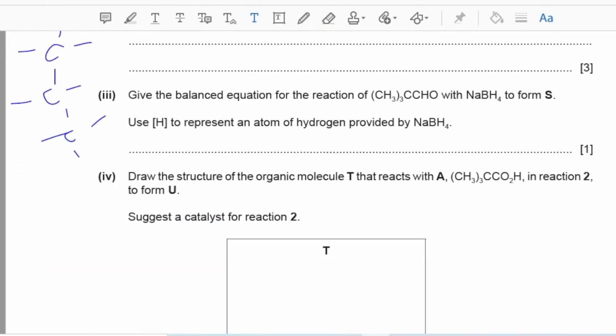Part 3, give the balanced equation for the reaction of CH3 three times C CHO with NaBH4 to form S. Okay, NaBH4 is a reducing reagent, so it brings reduction to the aldehyde over here.